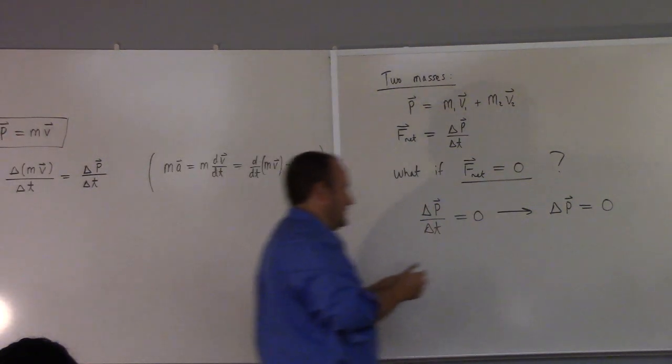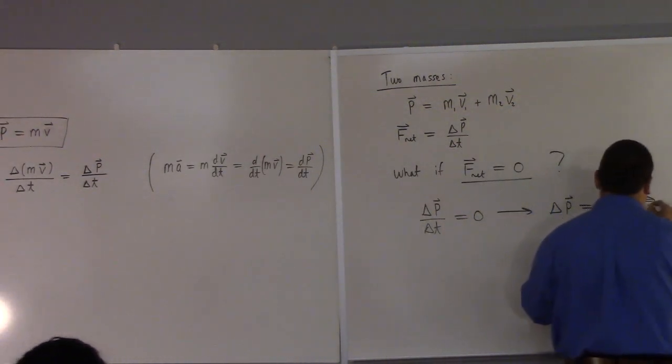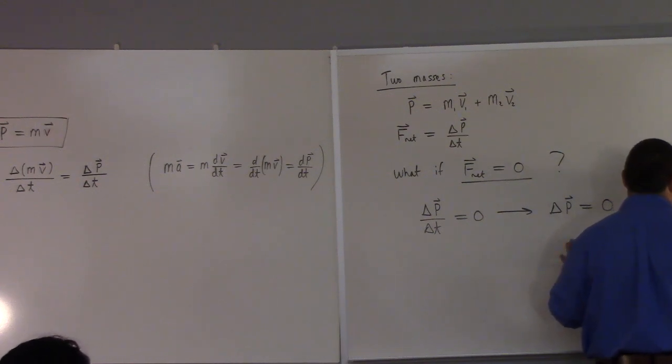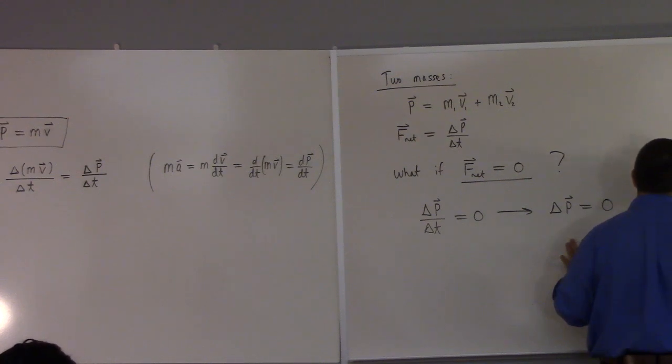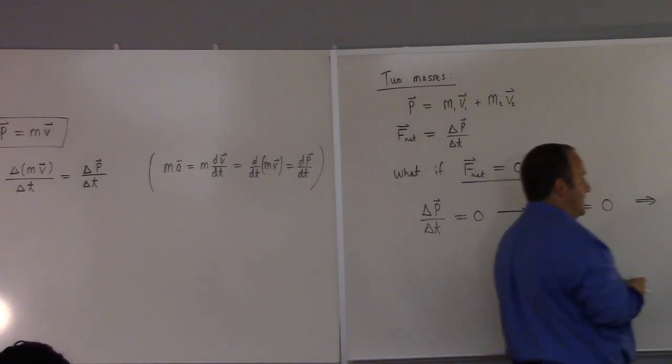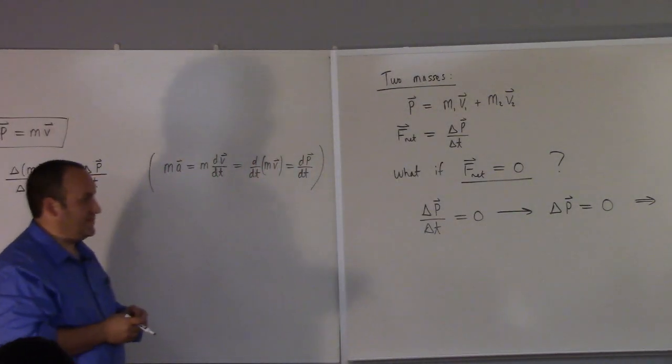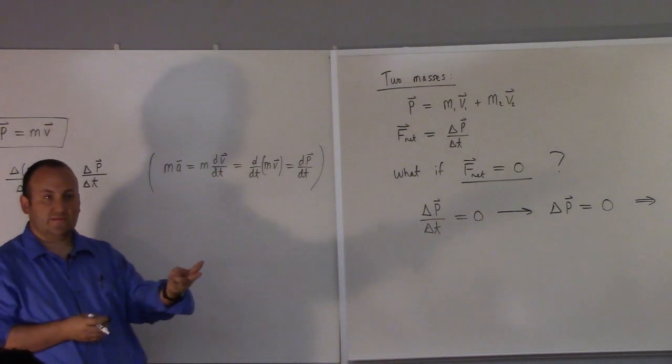So what this says is that the final momentum is equal to the initial momentum. Now, what's the final and initial momentum for two masses?